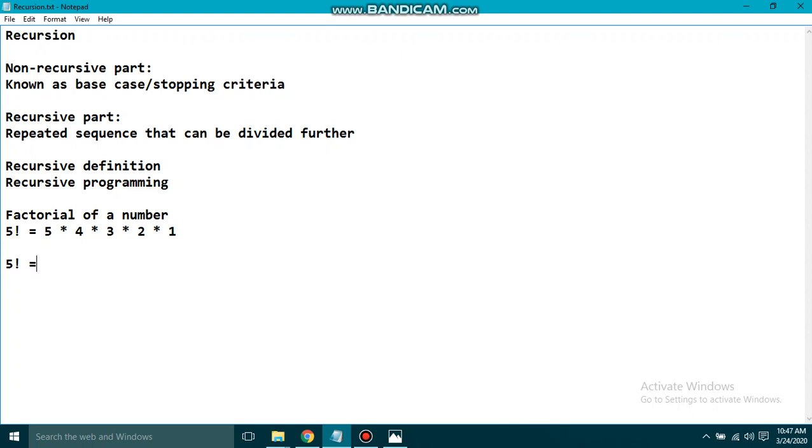5 factorial is equal to 5 into 4 factorial. That can be written, right? Similarly, we can write 4 factorial as 4 into 3 factorial. This can be done, right? And so on till we get to the base case.